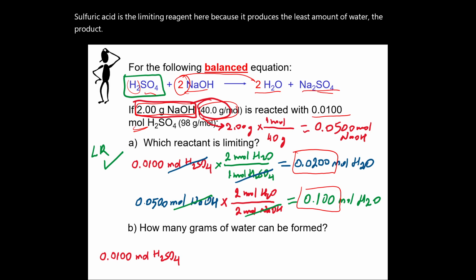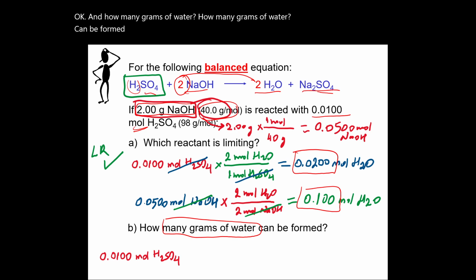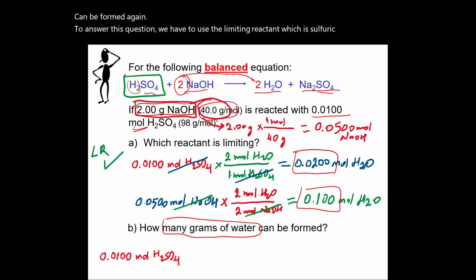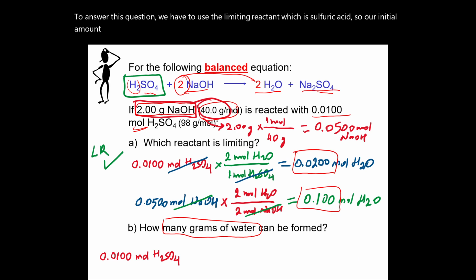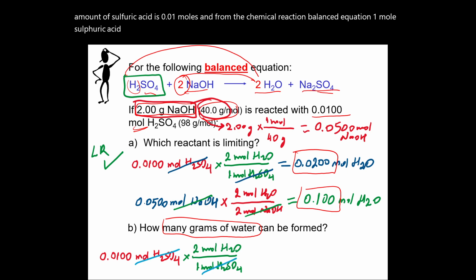Okay, and how many grams of water can be formed? Again, to answer this question, we have to use the limiting reactant, which is sulfuric acid. So our initial amount of sulfuric acid is 0.01 moles, and from the balanced chemical equation, 1 mole sulfuric acid generates 2 moles water, and, again, it says grams.